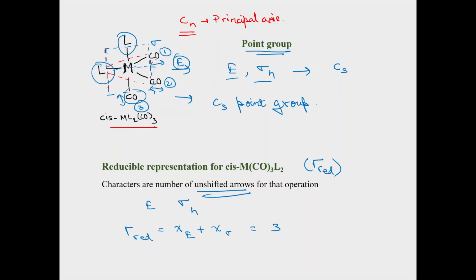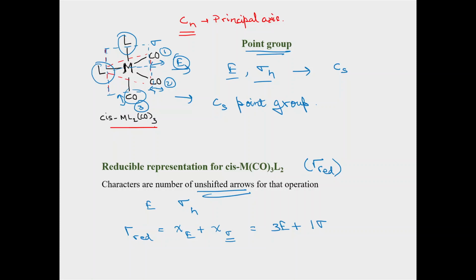That means they are getting shifted. So when we do the operation sigma on this compound, only one arrow remains unshifted and the other two change. So the reducible representation we can write as 3E plus 1 sigma.